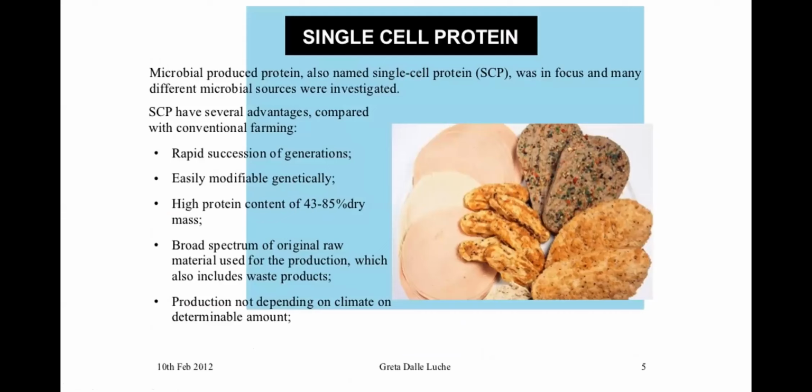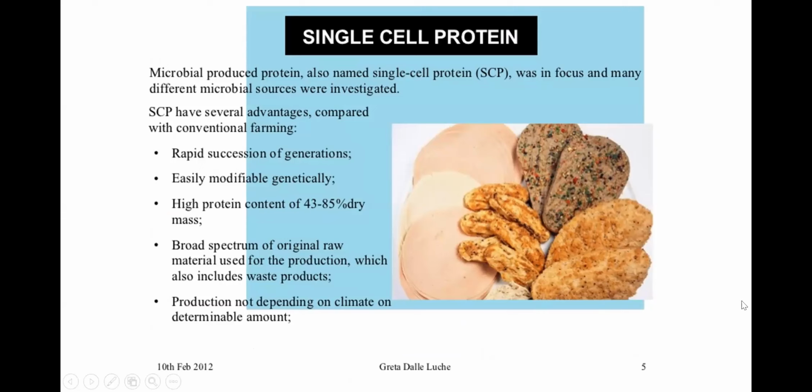Why is SCP so important? It has advantages of rapid succession of generation, as we know. Okay, before that, you look at this, right?